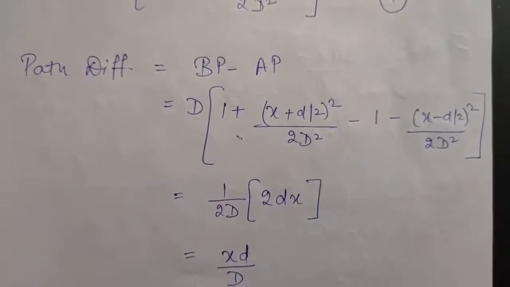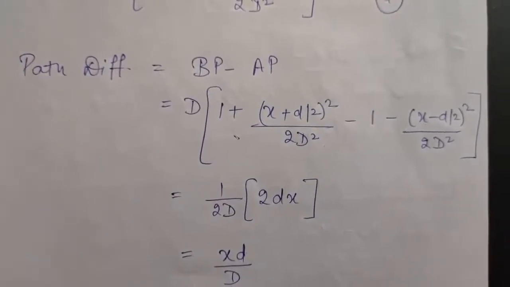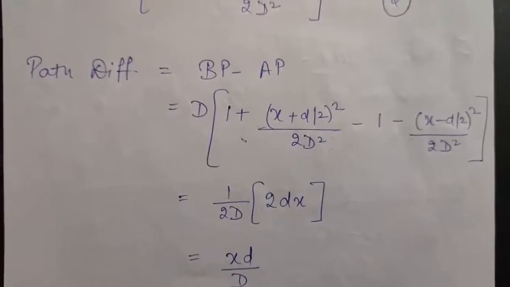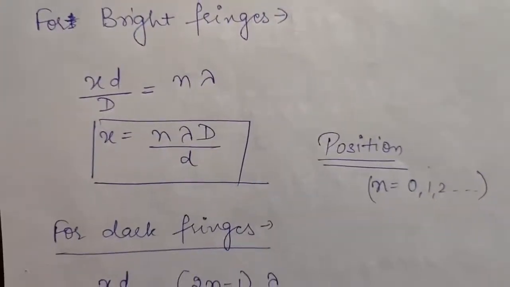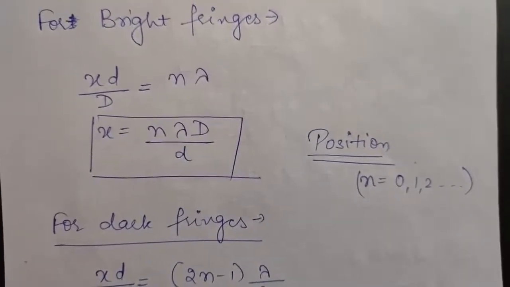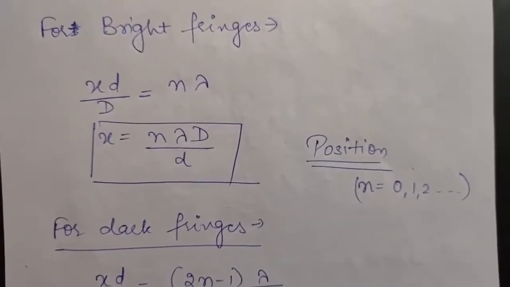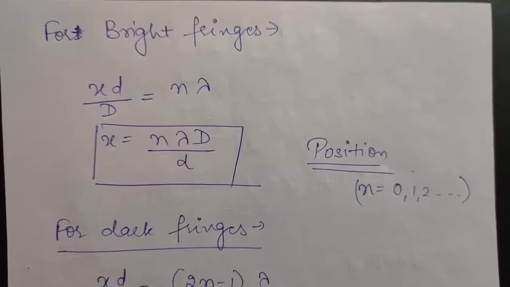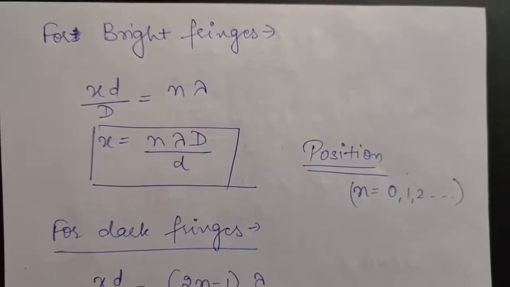Now what we will do, we will be using the different conditions. First of all, let us use the condition for a bright fringe. As I told you in the previous lecture, for bright fringes, the condition on path difference is that the path difference is n lambda.